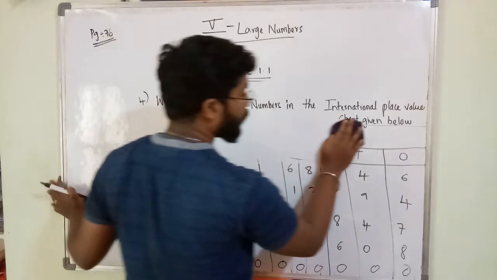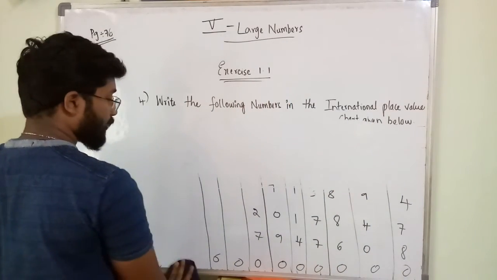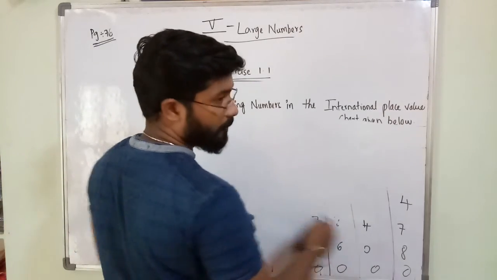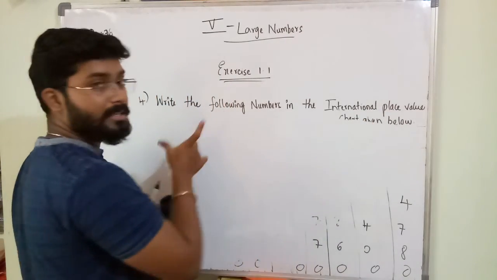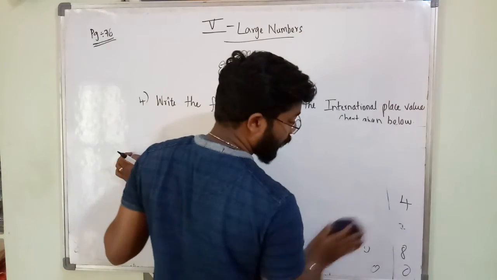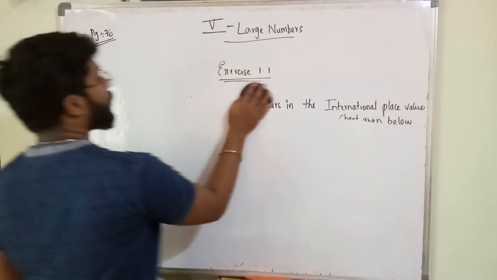What you have to do is just count how many digits are there, counting from the ones place, and fill the numbers accordingly. Just now we have done that, no? Same like that you have to do.